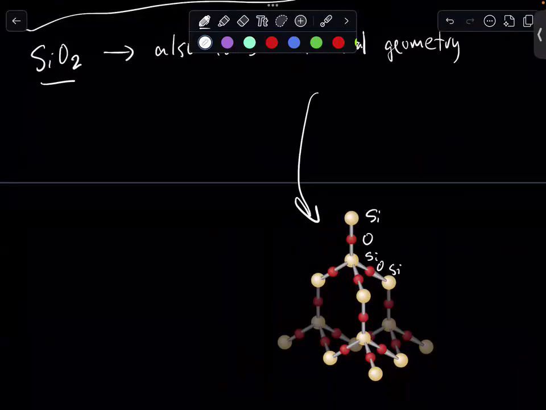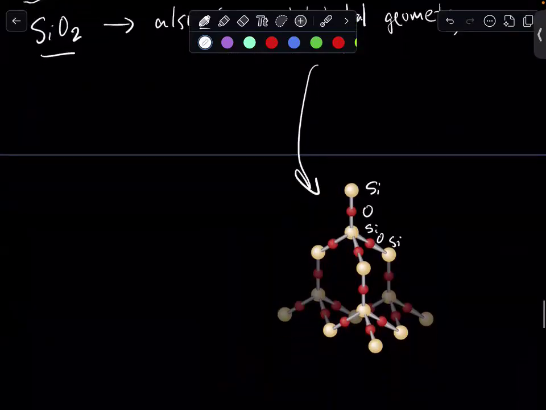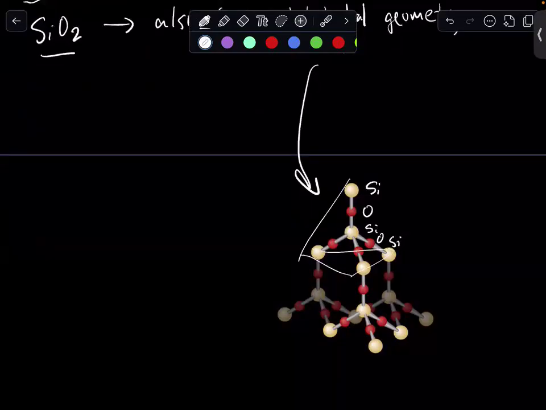And we still get the same geometry, but we have a greater distance between the bonds. Due to the fact that this is still a tetrahedral geometry, we still get the same properties of very strong. And you might know that if you've picked up a piece of quartz, it's strong, it's hard, it's quite brittle as well, and it has a very high melting point.